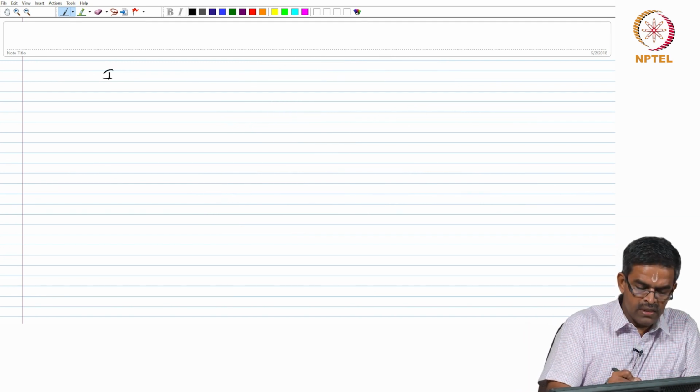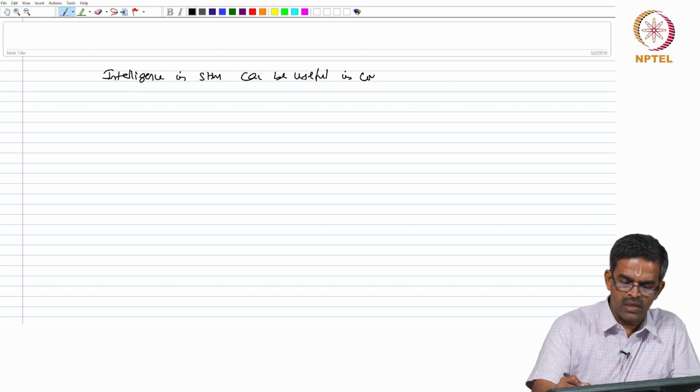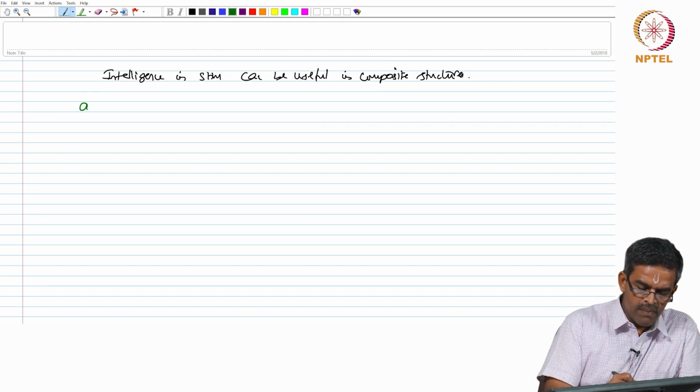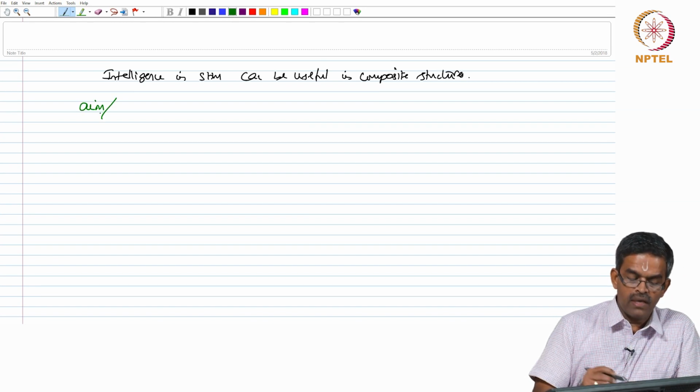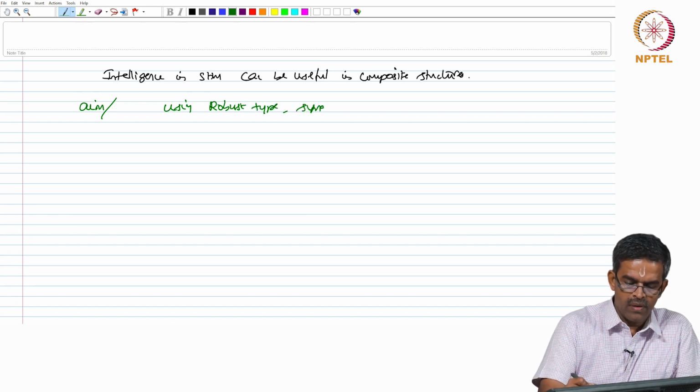The intelligence in structural health monitoring can be useful in composite structures. The main aim, or the hidden agenda here, is using a robust signal processing protocol.